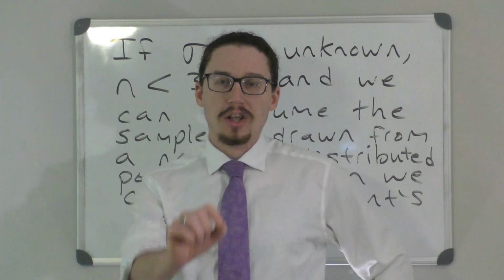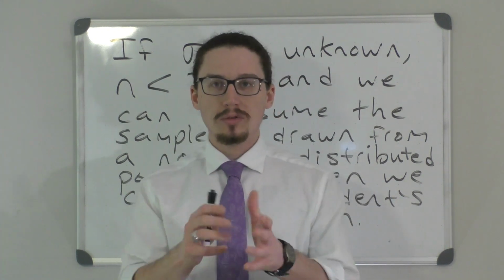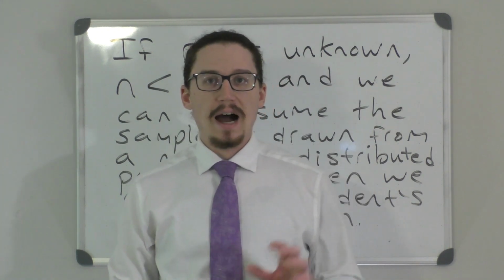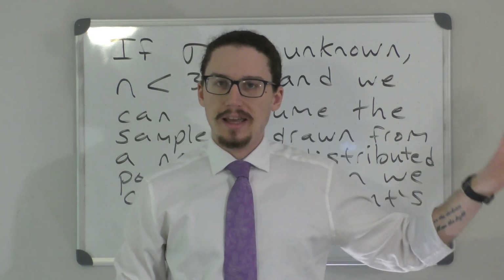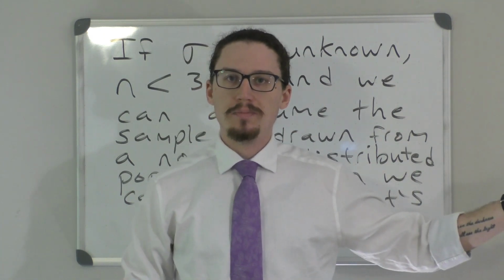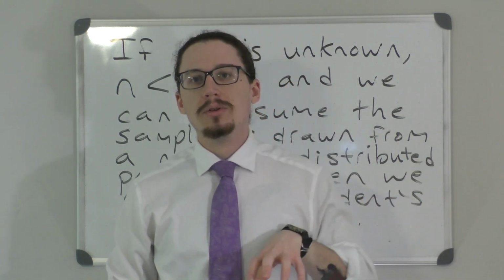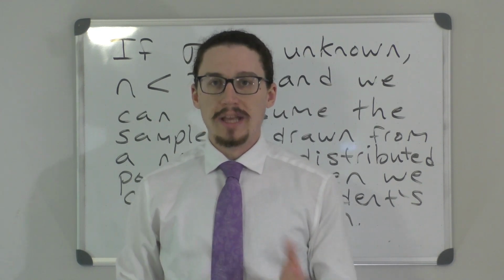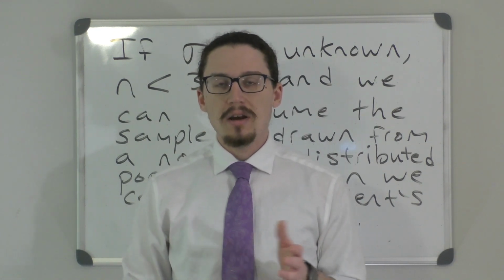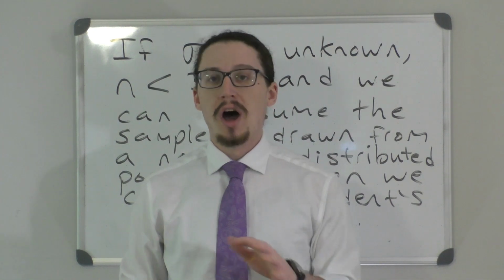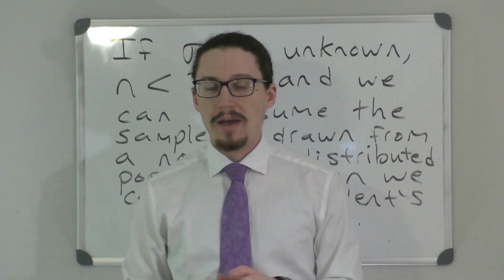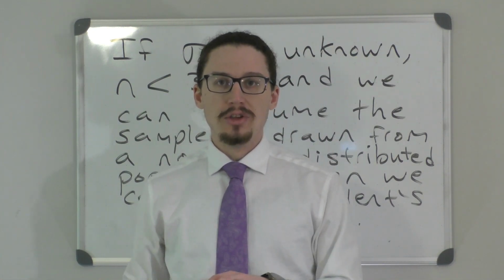All right, so I'm going to repeat that once again. If the population data is not normally distributed, and we take a sample that's less than 30 and we calculate the sample mean, the sample mean will not have a normal distribution.